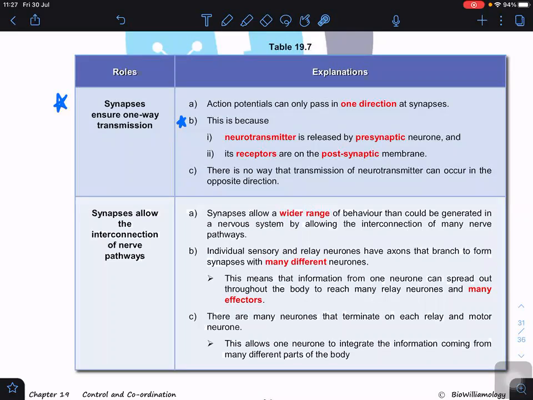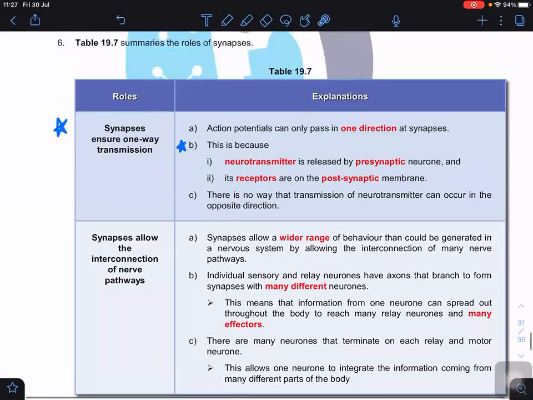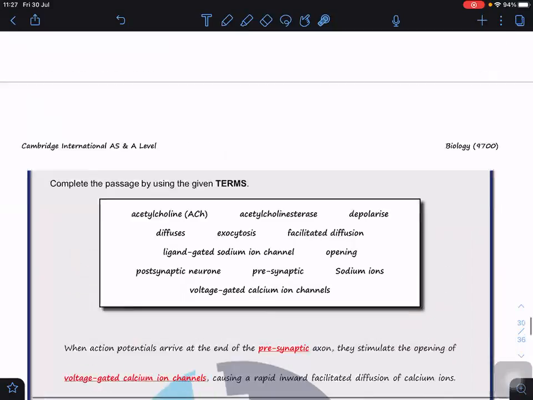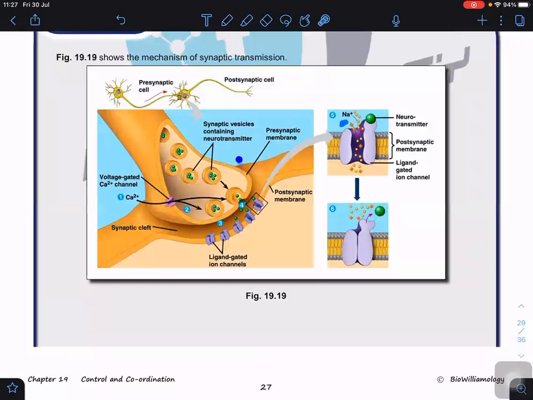You won't have the neurotransmitter at the postsynaptic membrane. Look at the diagram again. Only the presynaptic neuron, the axon, has the neurotransmitter. The dendrite, you won't see any neurotransmitter. So the release of neurotransmitter is always in the direction from the presynaptic neuron to the postsynaptic neuron.